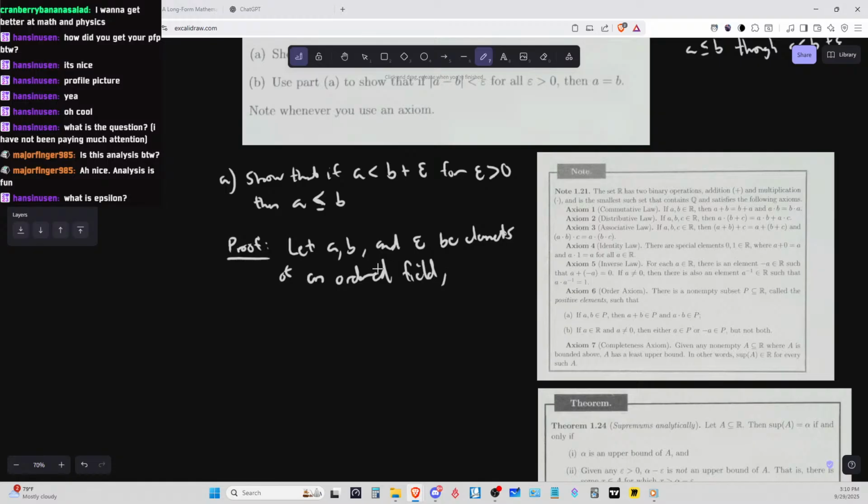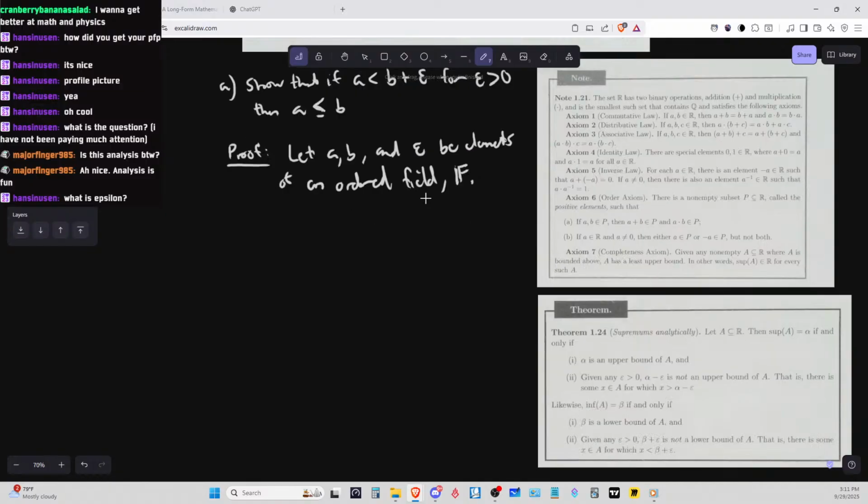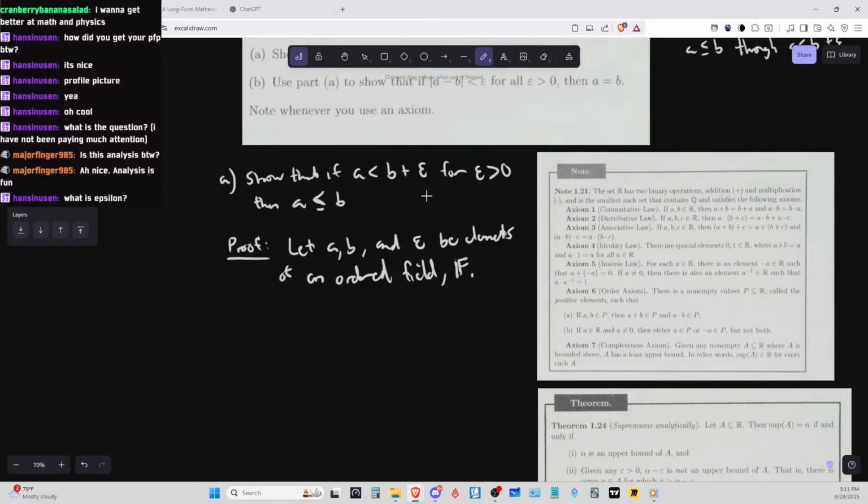An ordered field. So we have an ordered field F now. So do we have to assume that A is a lower bound? Because it seems like we can show that.